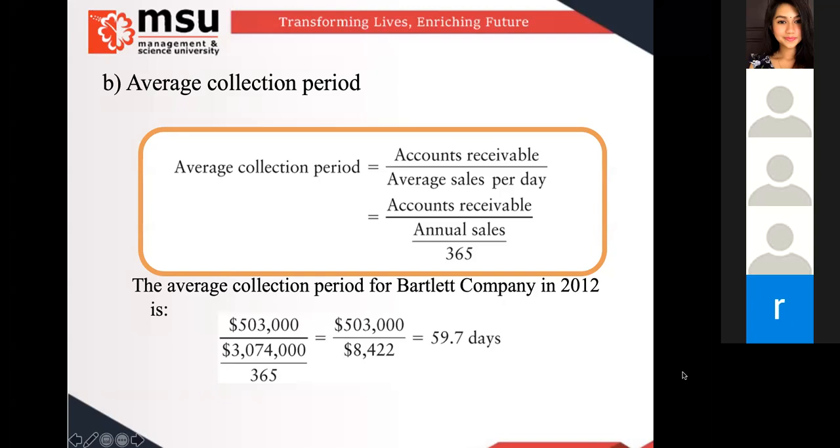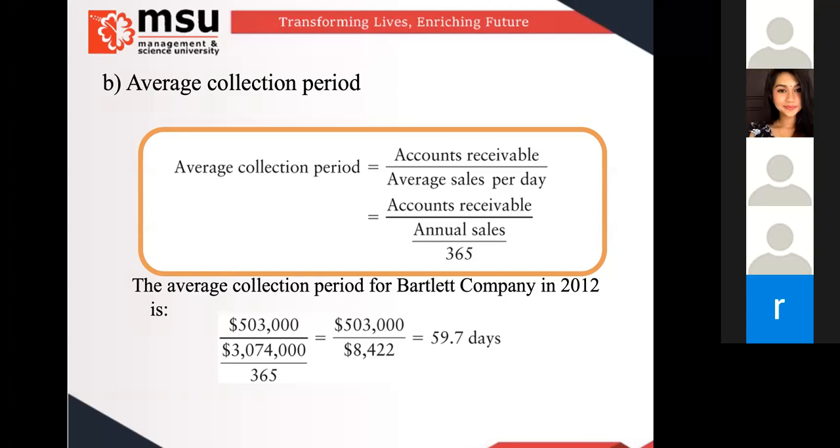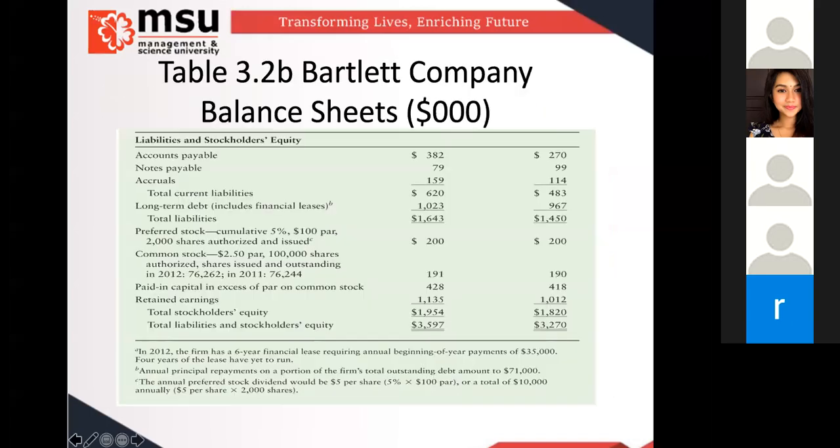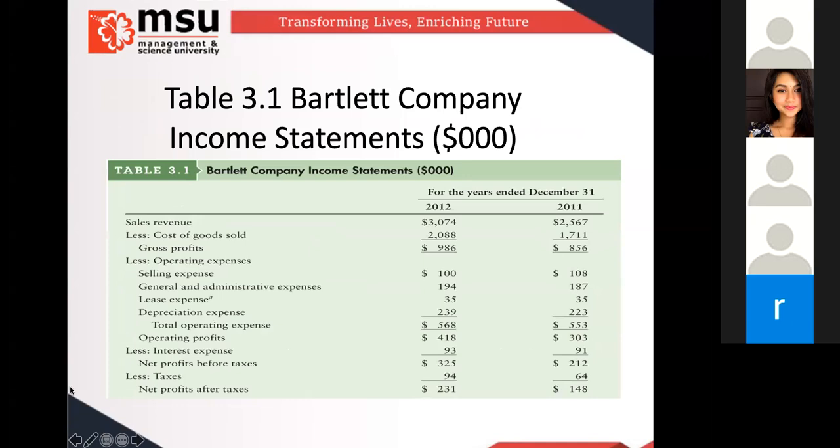Shantini, where can we find sales? Statement of financial position. Okay, good. So how much is it for 2012? 3,074. Okay, it's here. Sales revenue.